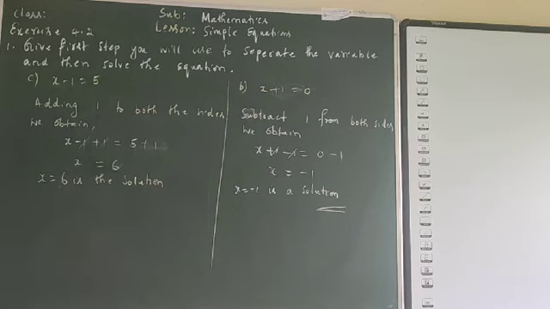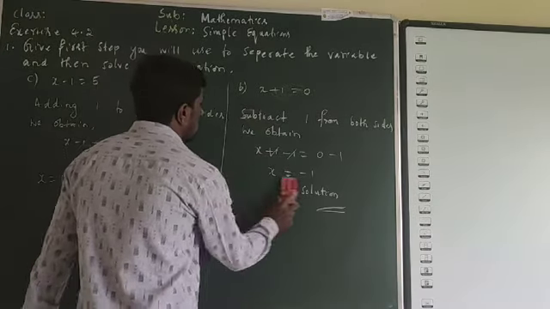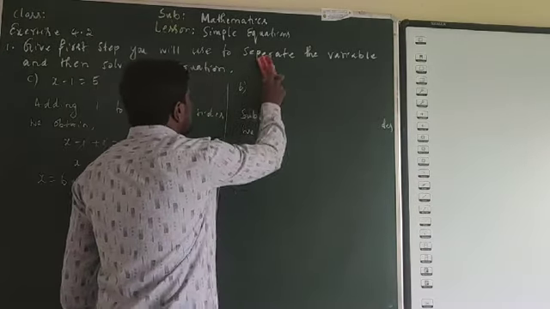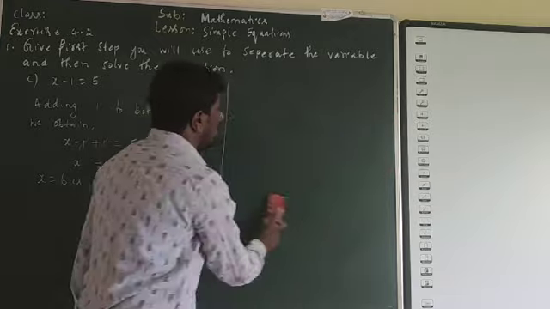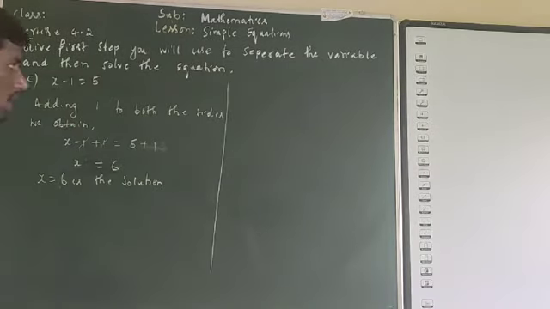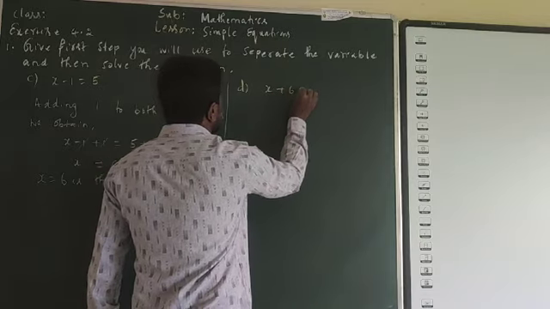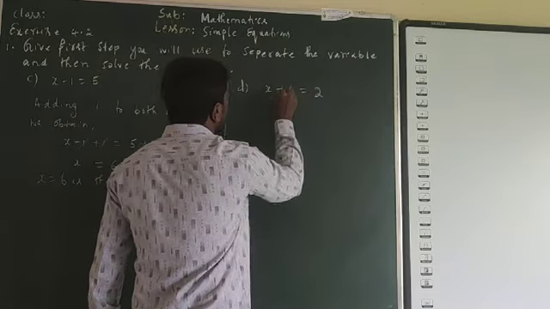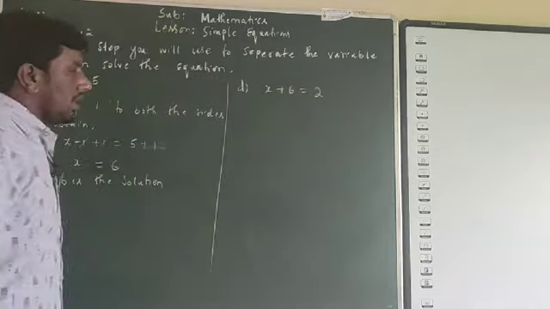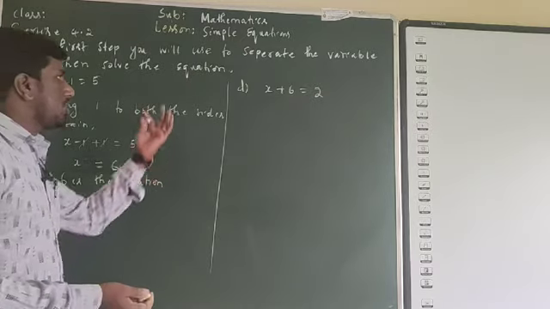Right? Now the next equation is x plus 6 is equal to 2. Similarly, the same method. So I need to separate the variable.